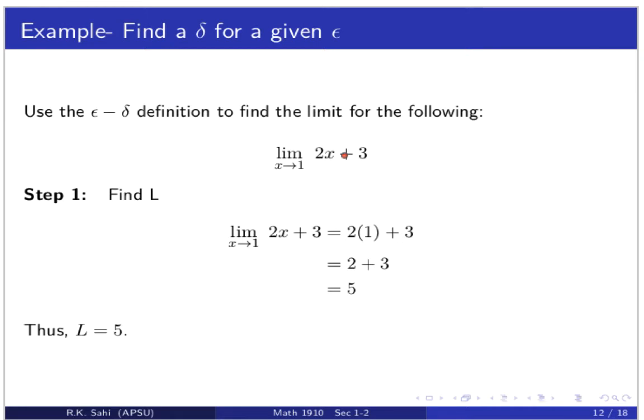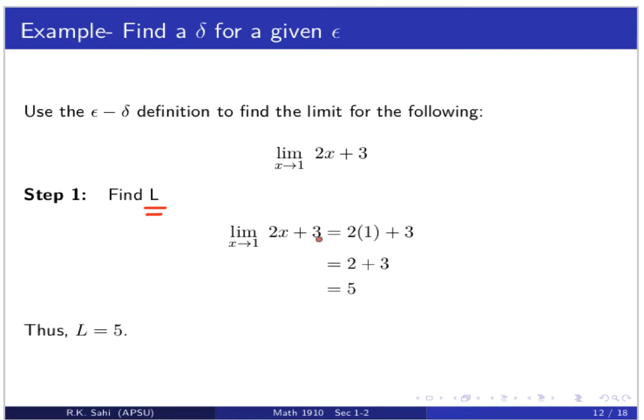What I've done is written down the steps you need to find the delta given epsilon. The first thing is you find L. Normally, whenever you have a nice function which is a polynomial, you simply go ahead and substitute the value where x is going into the function. That's basically called direct substitution.